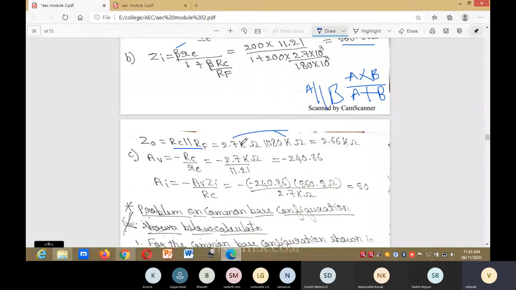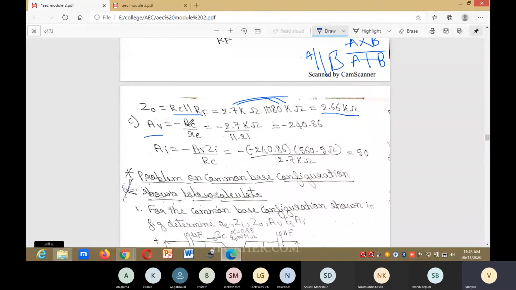If two resistances are in parallel, 2.7 kilo ohm into 180 kilo ohm divided by 2.7 kilo ohm plus 180 kilo ohm. That answer is 2.66 kilo ohm.